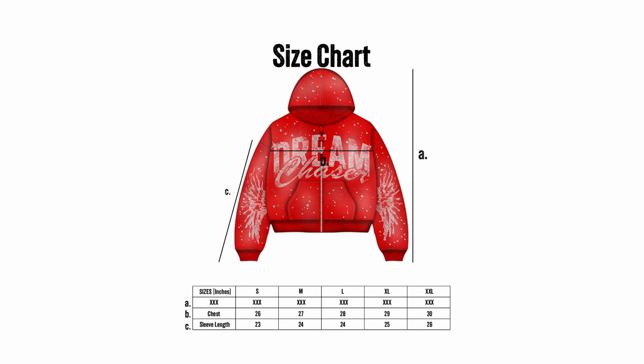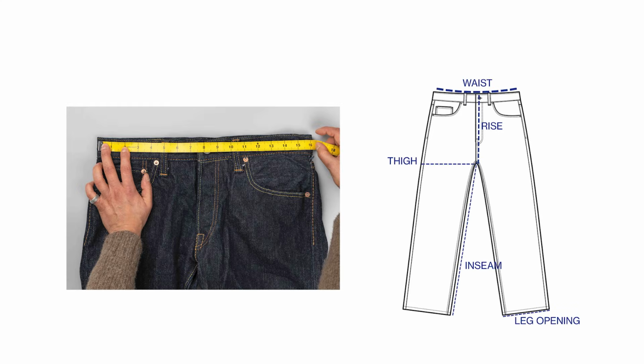So going back to the fit of your garment, if you want your garment to fit a certain type of way, your measurements have to be on point. And the way you get them on point is take a look at a piece of clothing that you like. If you're trying to make some denim, if you're trying to make some jeans, get a pair of your favorite jeans that you like how they fit and measure them.